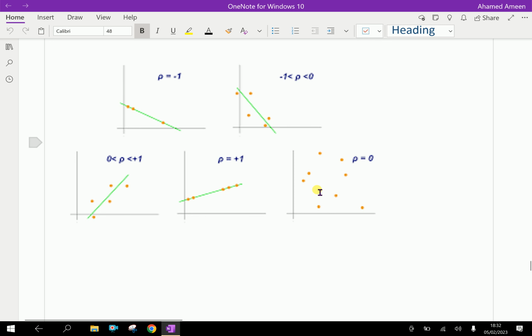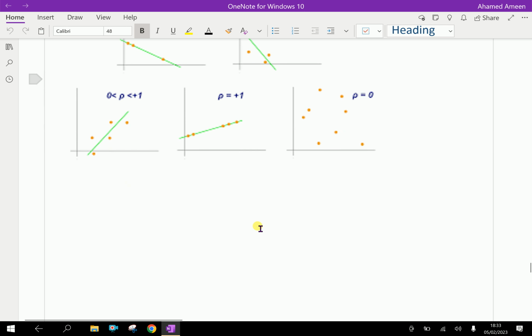Here there is no correlation: it is hard to draw a best fit straight line because the points are widespread. That means we cannot assume a best fit line, so it is a zero correlation.